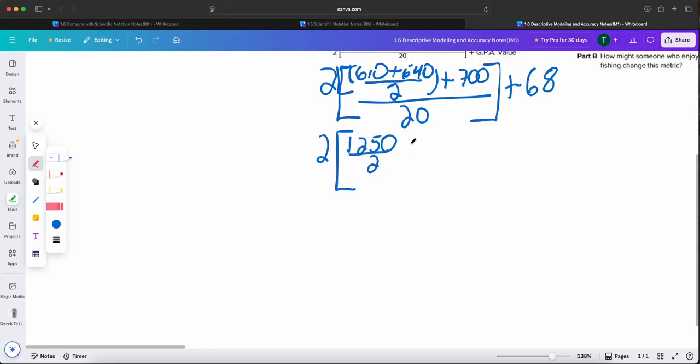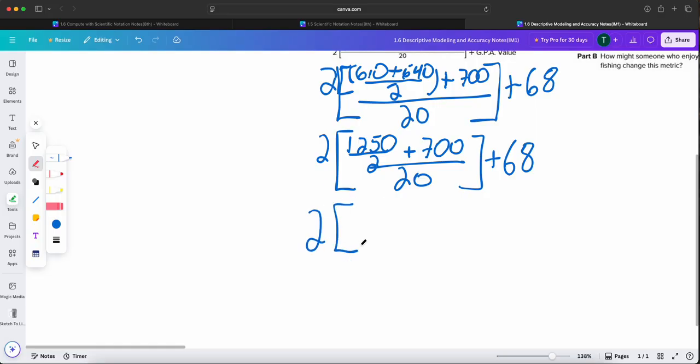That's over 2, plus our 700 over 20, plus 68. So we still need to simplify what's in this bracket here. So we take 1,250 divided by 2, which is 625. So we have plus 700 over 20 plus 68.